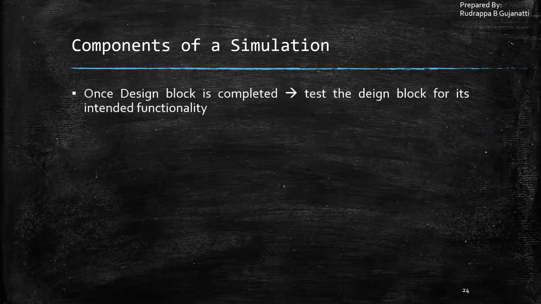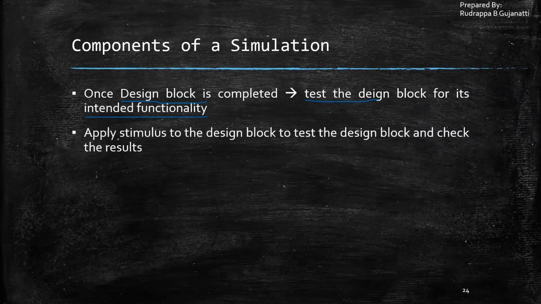Once you have designed the block, we have to test that block for the intended functionality. If I have designed an adder, I should check whether it is working properly as an adder or not, whether it is giving me the intended results or not. That testing is basically done by applying stimulus to the design block.